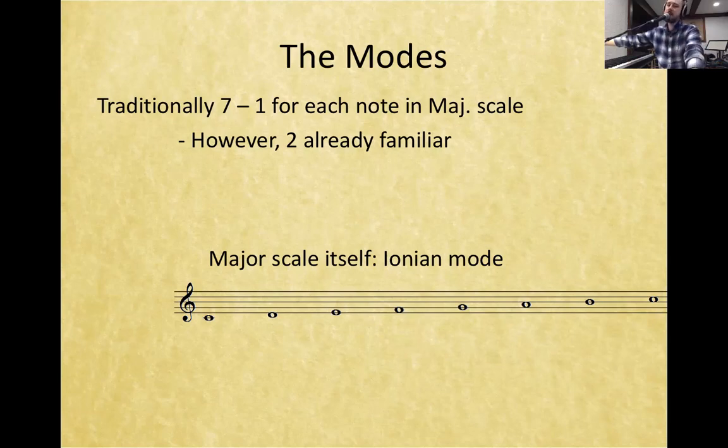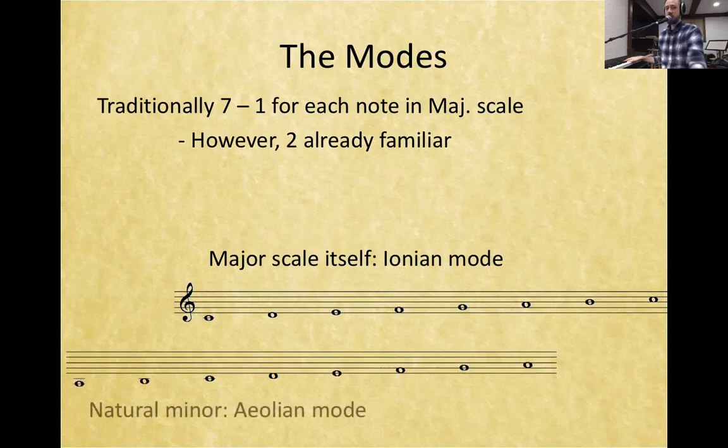What do you think would be the other scale that we already really know about out of this? So if I just start with the same exact notes as major, so if we look here, we've got C major. What other scale do we know that I could just start at one of these other notes and have a scale we are super familiar with already?